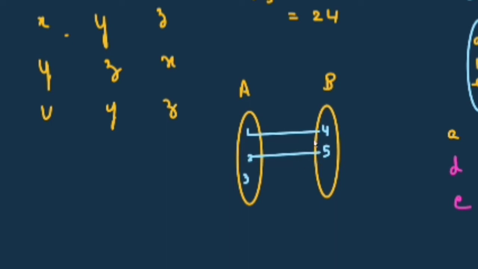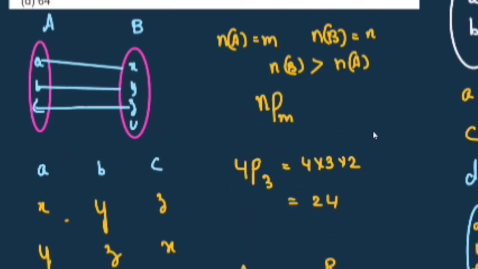So for a one-to-one function, n(B) should be greater than n(A). It can be equal also. So n(B) should be greater than or equal to n(A). If it is less, then we cannot form a one-to-one function. And the number of one-to-one functions is given by the formula nPm.